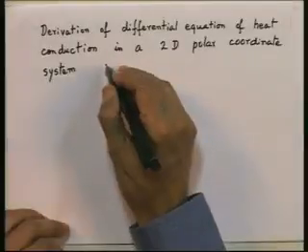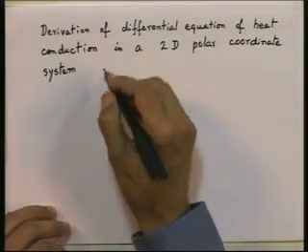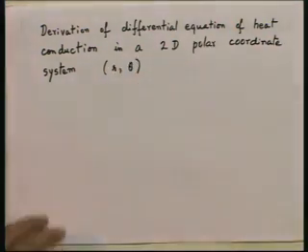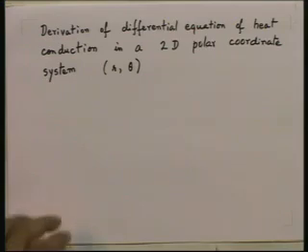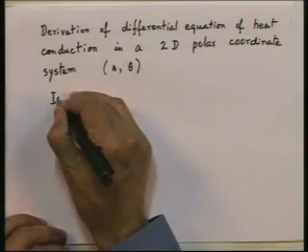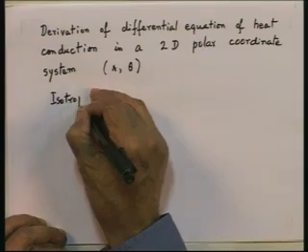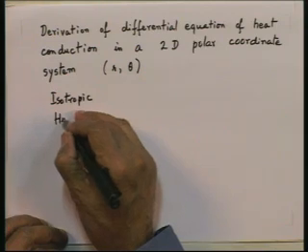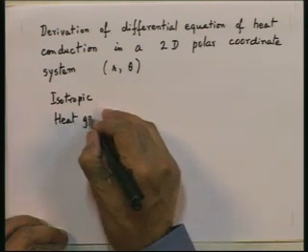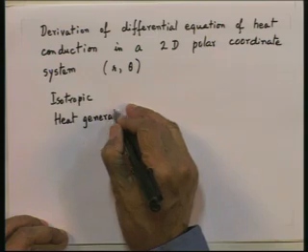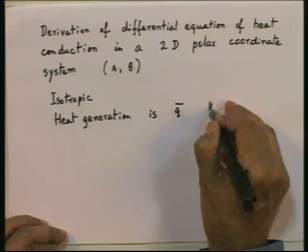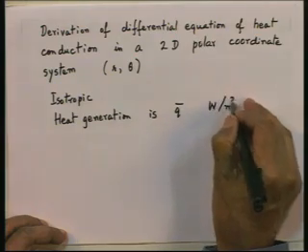So, let us say we are going to derive a differential equation from first principles, like we did for x, y, z, and we are going to do this derivation for an r, theta coordinate system. Assume again material is isotropic and heat generation is Q bar, in so many watts per meter cubed.